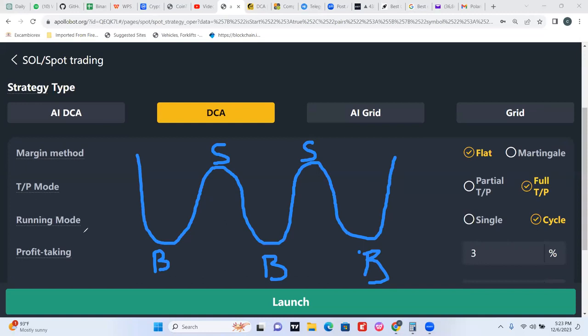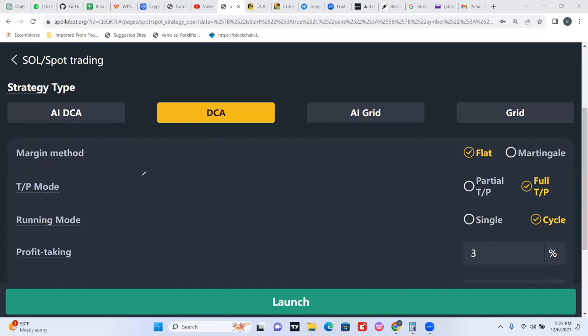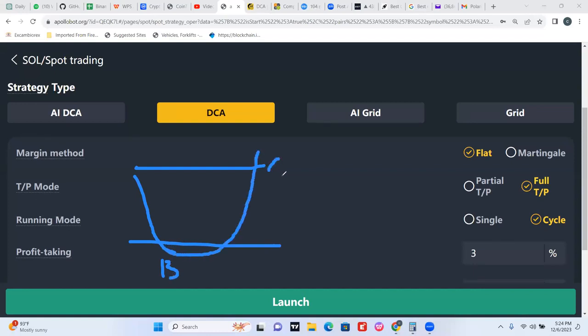But for single, you just want to buy a particular coin and sell at a particular price. Say a coin comes this way, and you buy here, then the coin goes up here, you sell here.